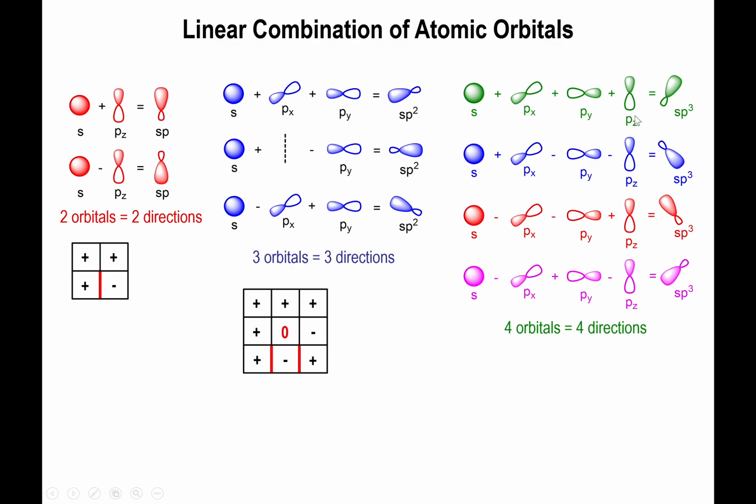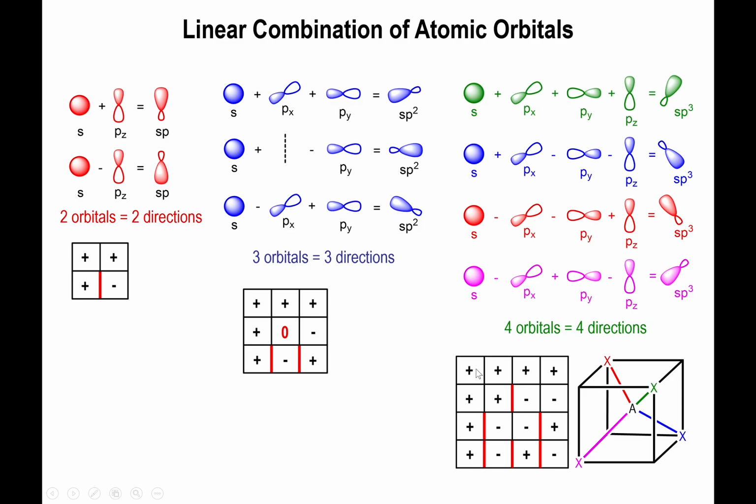If we add the third p orbital to the mix, now we get a 4x4 matrix. This is your tetrahedral structure, by the way, so that idea of having the central element at the center of the cube plays a role. Looking at the matrix, the first row is all positives, the last row is everything alternating, plus, minus, and the first column is always positive. Then you gradually increase the number of nodes. For the second row, you want one node, so you have two positives on the left, two negatives on the right.